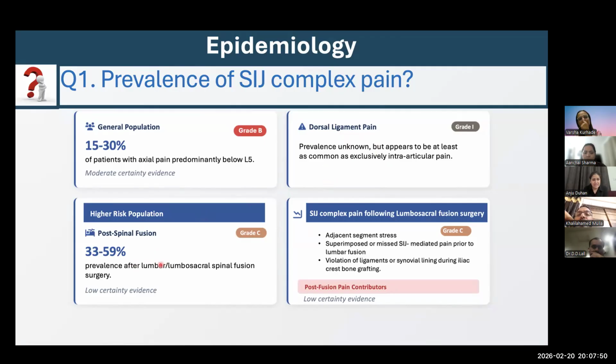The prevalence is even higher in patients after lumbar or lumbosacral spinal fusion surgeries. It increases to 33 to 59%. This can be attributed to adjacent segment stress with increased loading or shear forces leading to accelerated degeneration, superimposed or missed SIJ mediated pain prior to the lumbar fusion, or the violation of ligaments or synovial lining during iliac crest bone grafting.